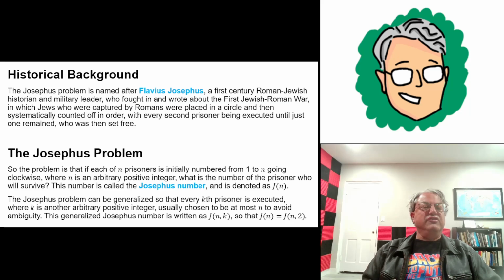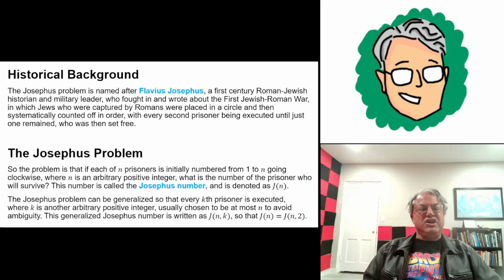A pretty horrible thing, and they destroyed the Jewish temple. And it kind of has personal significance to me since I'm a Jew. But there was a Jewish hero named Flavius Josephus, and I believe he was also a prisoner, but he survived because he was able to compute his Josephus number. He knew how to be positioned in the circle in the right way so that he would survive.